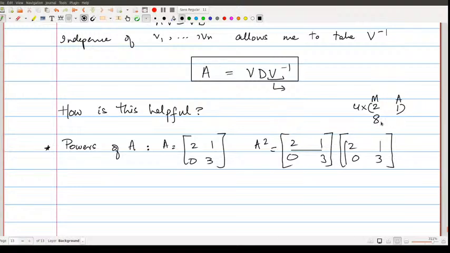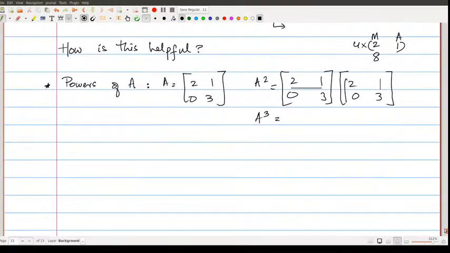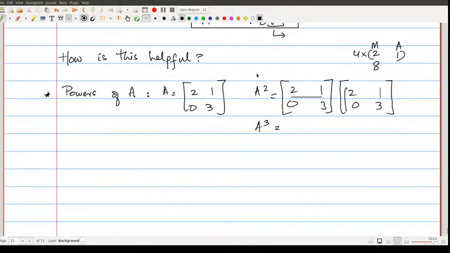But if I want to do A cubed, then I have one more matrix to deal with, which means I'll do another multiplication, which means it will be twice of that. The way we find matrix powers efficiently is if we have a diagonalization. So let's say I don't want to do all of this calculation. You can see that this is simple because it's a 2 by 2 matrix, but for a 3 by 3, it's going to be even more values.